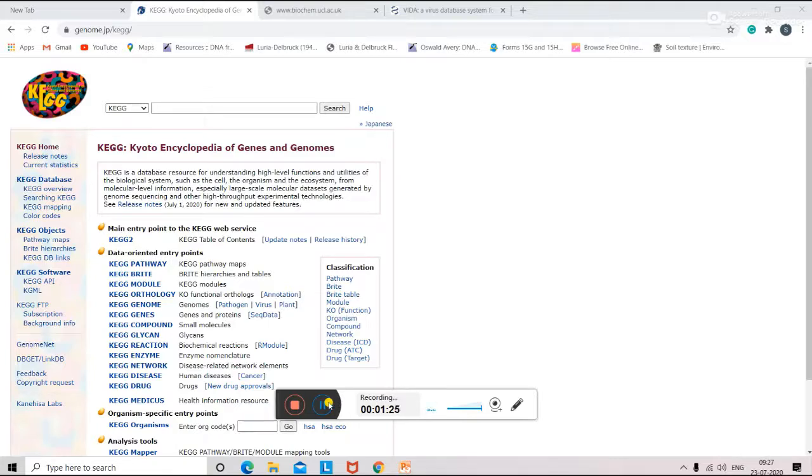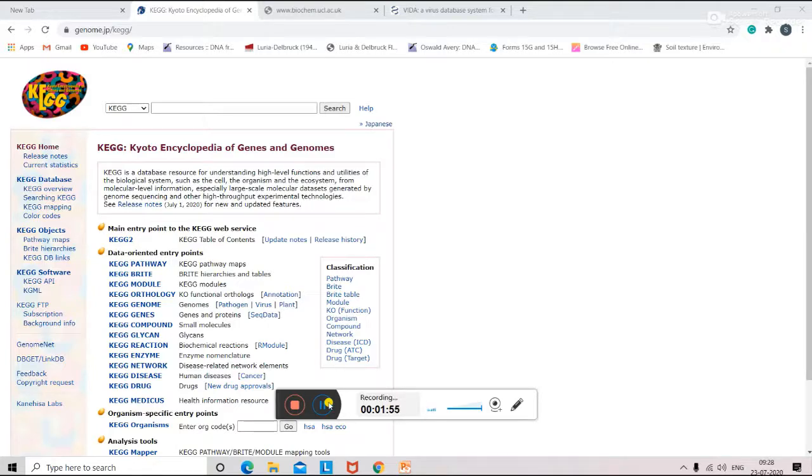And in this database, you can see that there are various sub-databases. You have KEGG Pathway, KEGG BRITE, KEGG Module, KEGG Orthology, KEGG Genome, Genes, KEGG Drug, KEGG Disease, KEGG Enzyme, KEGG Reaction, and so on. That is the reason why I told you it's a database which explains high-level functions, from the level of a genome to the level of a protein.